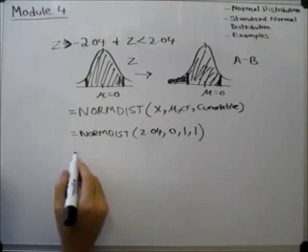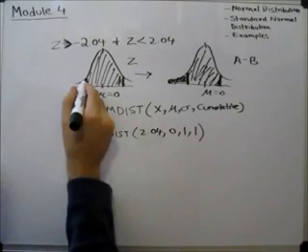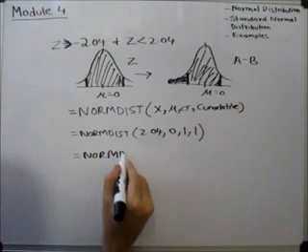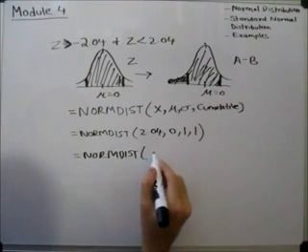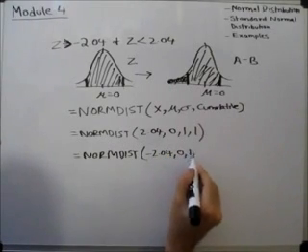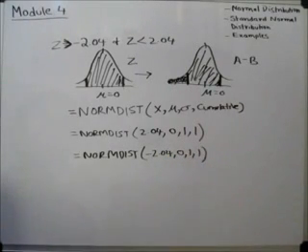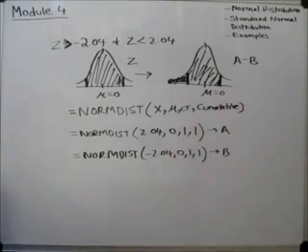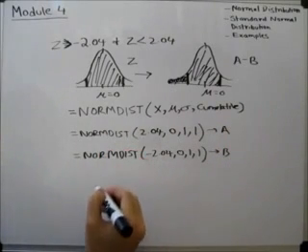But now if I take this area, which I can calculate as NORM.DIST of minus 2.04, 0, 1, and 1, that will give me this area, which is B. So this is B and this is A. And then I just need to subtract the two to get my answer.